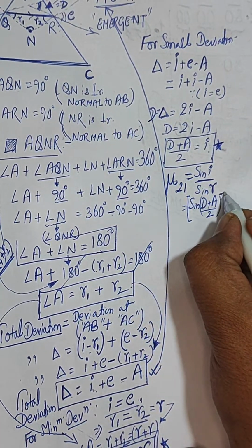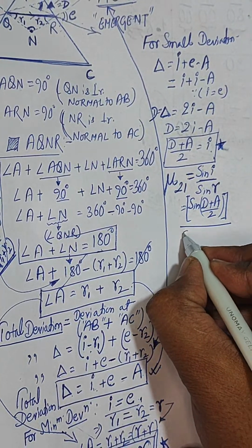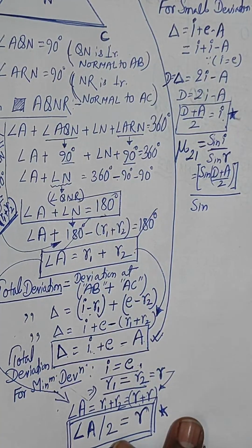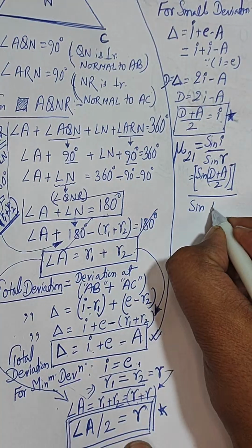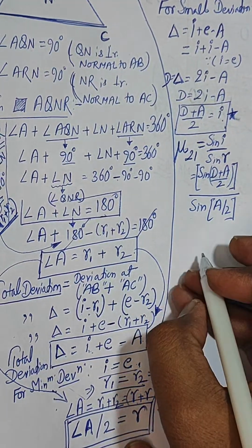This will be in the numerator, and in the denominator we have sine R. So R is equal to A by 2, here you can see. So we can write sine of A by 2 in the denominator.